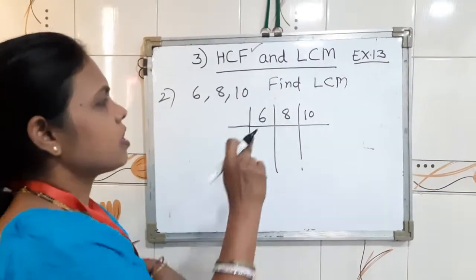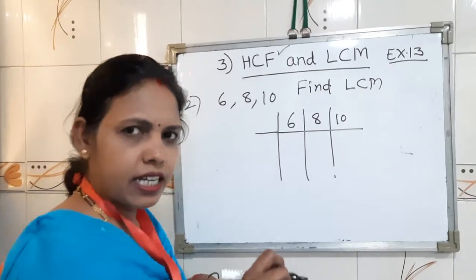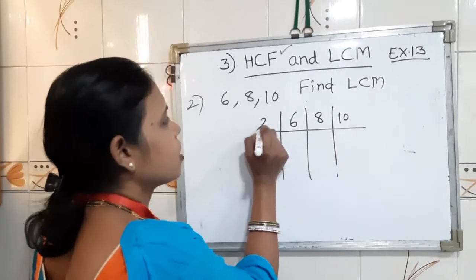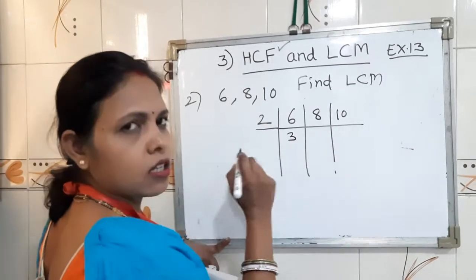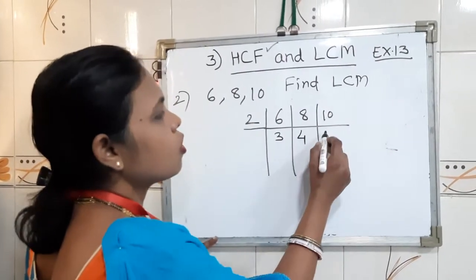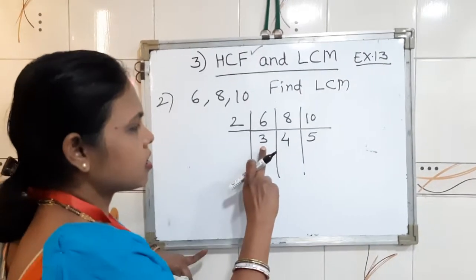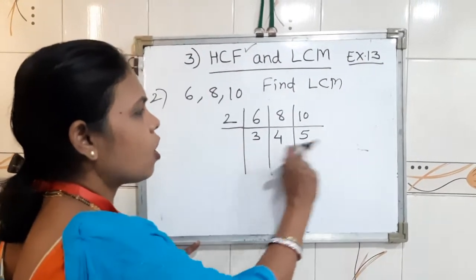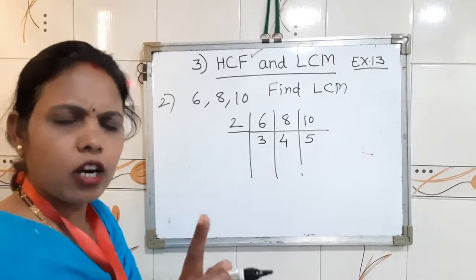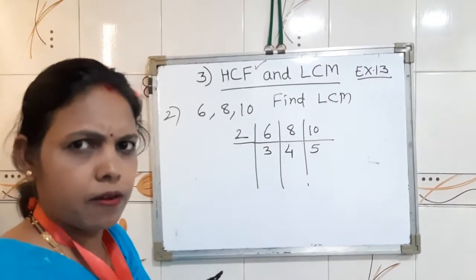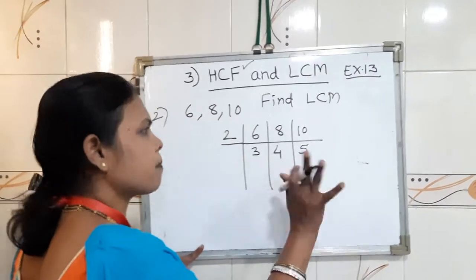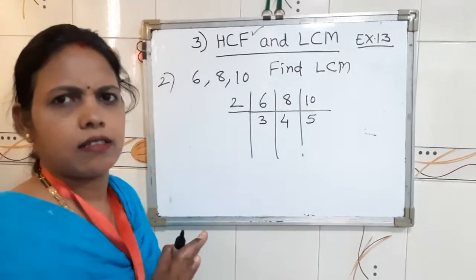Then we know that 6, 8, 10 we are getting in the table of 2. Therefore 2 3 are 6, 2 4 are 8, 2 5 are 10. So children, now you can see 3, 4, 5, all these 3 numbers we are not getting in the same table. Therefore, we will keep all these numbers as it is.